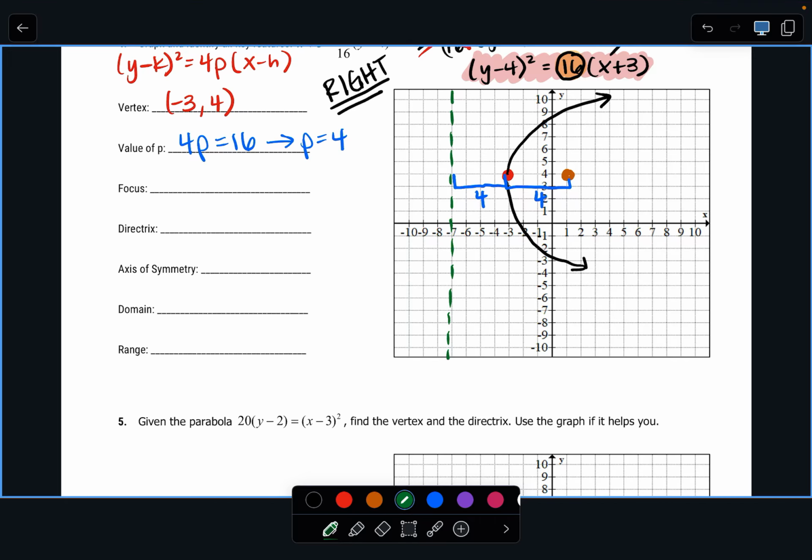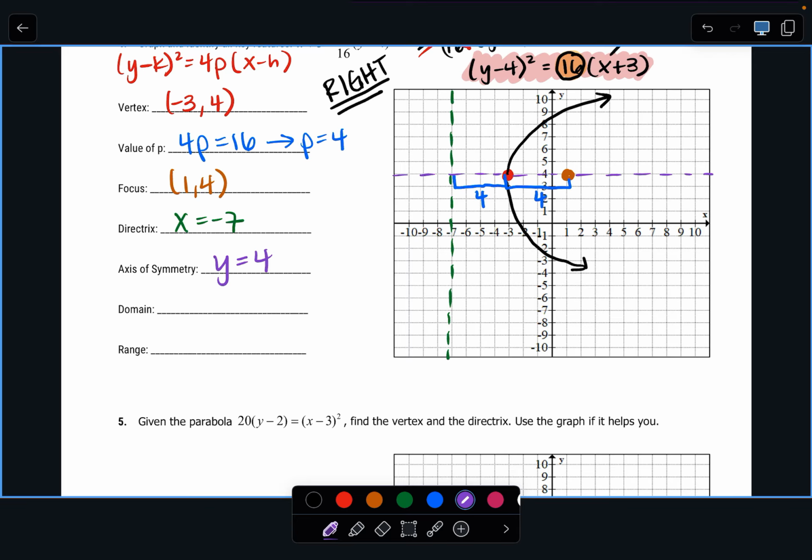So my focus sits at (1, 4). My directrix sits at x equals -7. The axis of symmetry is always the line directly through the vertex and the focus. So in this case, that is y equals 4.